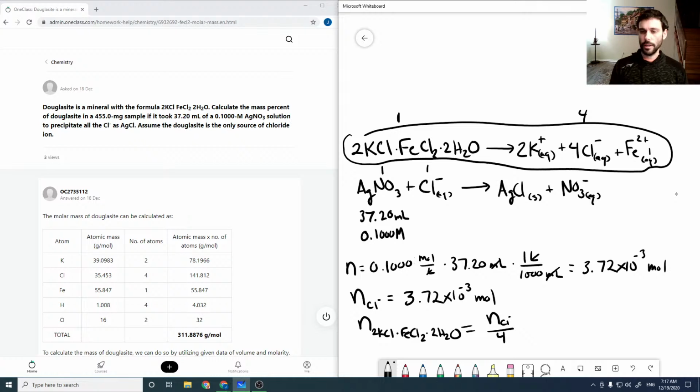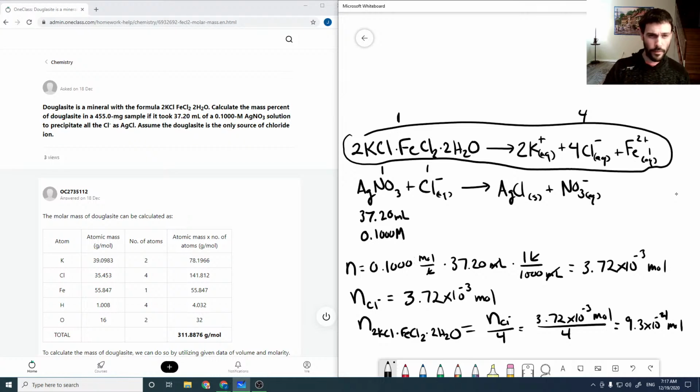Right, so 1 mole of Douglasite gives us 4 of chlorine, so that means for each mole of chlorine we have a quarter for the Douglasite. So that's 3.72 over 4, which comes out to be 9.3 times 10 to the minus 4 moles.